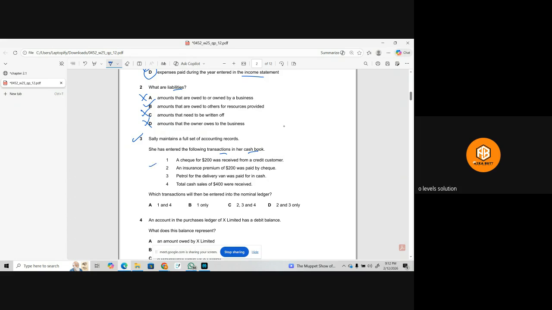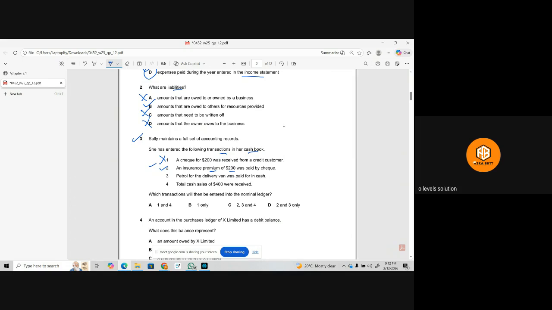Second, an insurance premium of $200 was paid by check. Insurance, we know, is an expense, and it is entered in the nominal ledger. So two could be the right option, one is not. Third is that petrol for the delivery van was paid in cash.